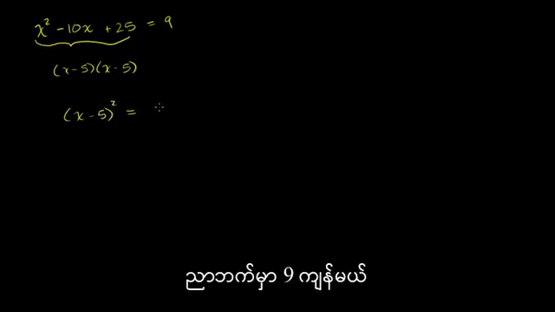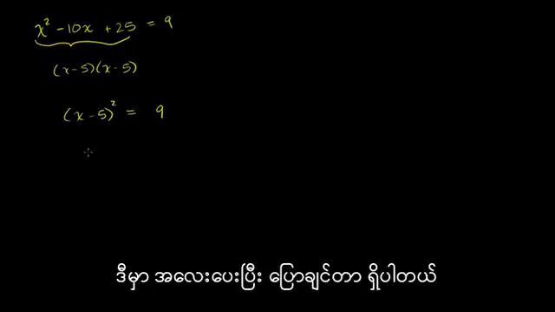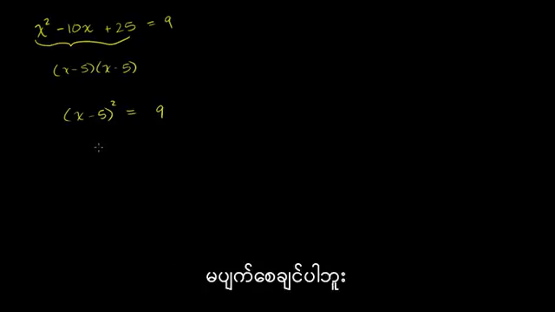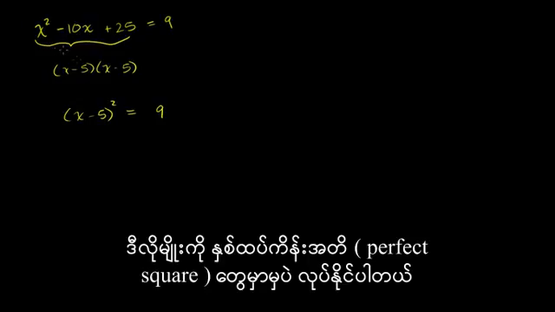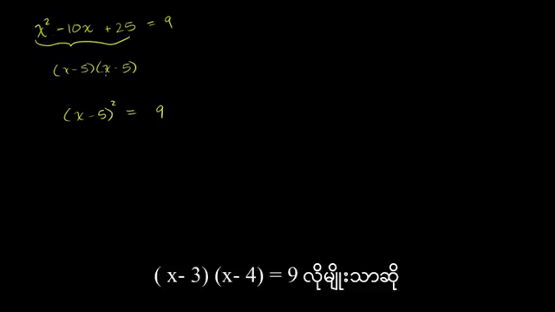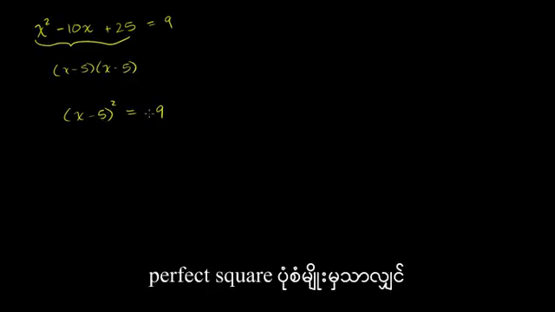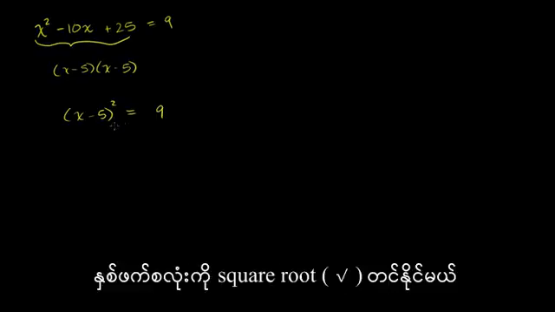The right-hand side is still 9. And I want to really emphasize, I don't want this to ruin all of the training you've gotten on factoring so far. We can only do this when this is a perfect square. If you got like x minus 3 times x plus 4, and that would be equal to 9, that would be a dead end. You wouldn't be able to really do anything constructive with that. Only because this is a perfect square can we now say x minus 5 squared is equal to 9, and now we can take the square root of both sides.